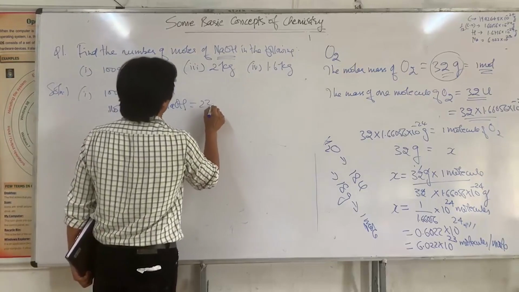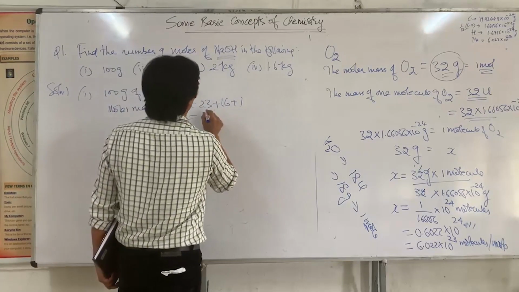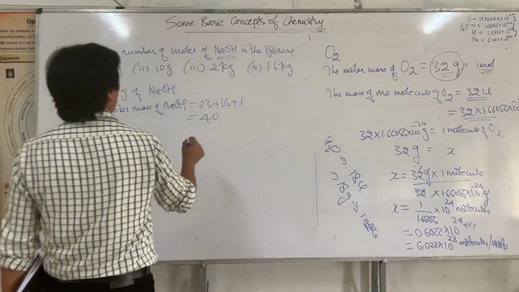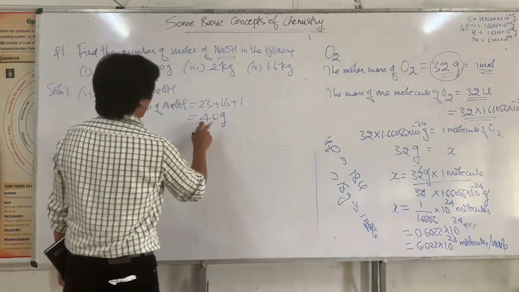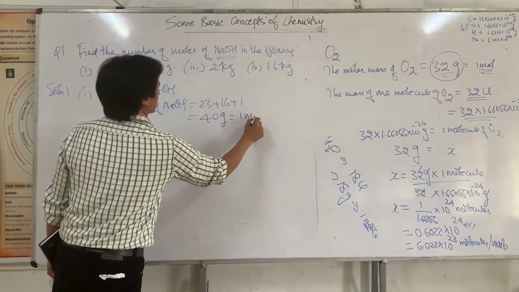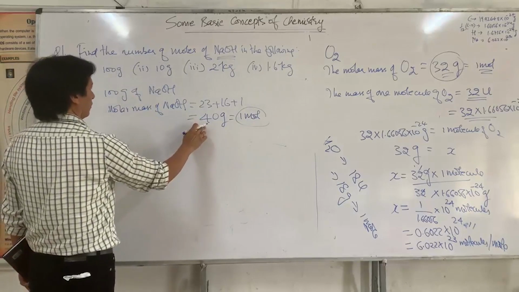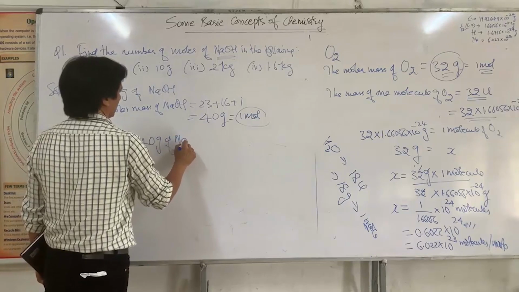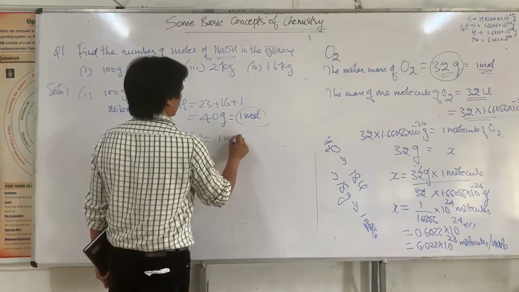Sodium is 23, oxygen is 16, and hydrogen is 1. When you add up all these, you get 40. And when you express this in grams, it is the molar mass. So this is 1 mole. Now 40 grams of sodium hydroxide is equal to 1 mole.